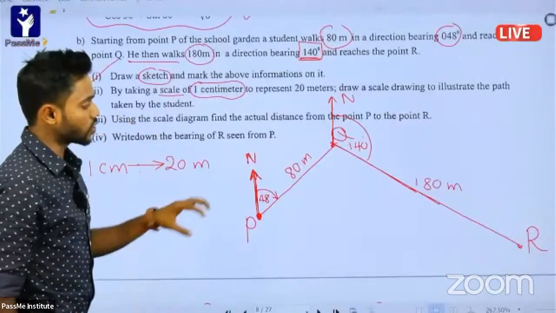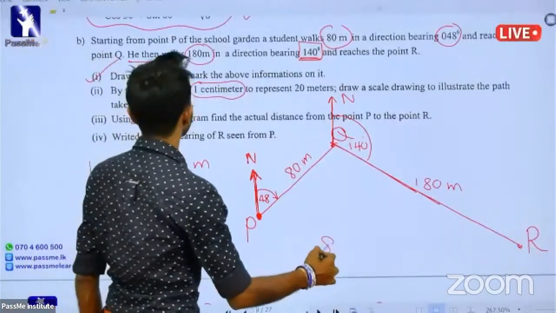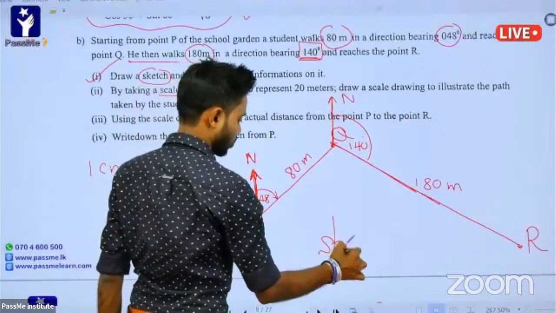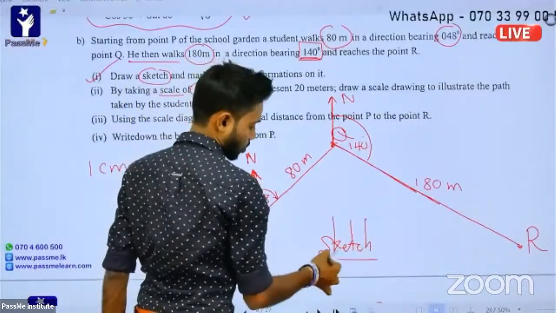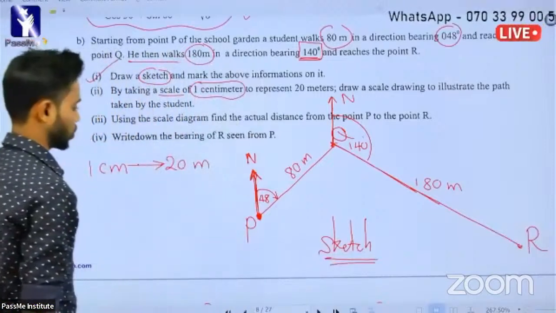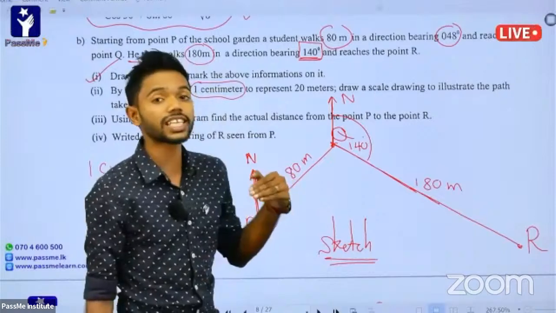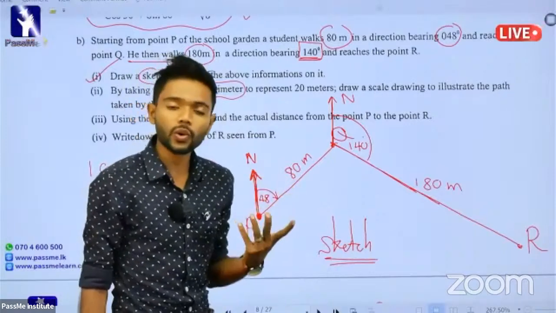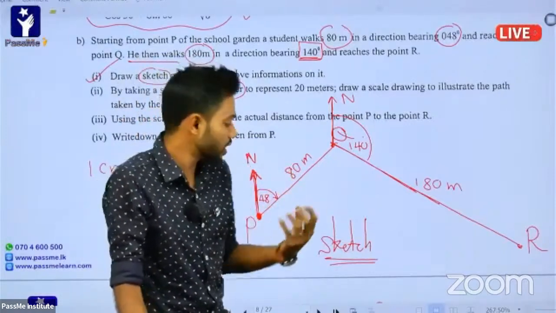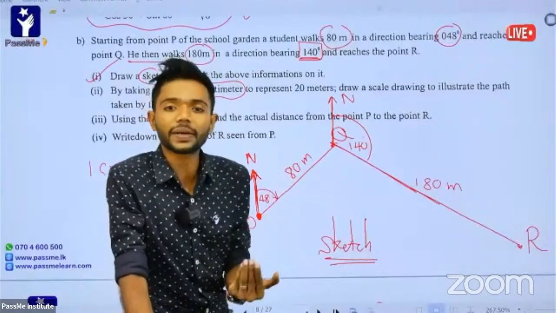Now, this is what we call the sketch. So you can see the sketch. Now, by using this sketch, we have to draw the scale diagram. Now, how do we convert the sketch to a scale diagram?